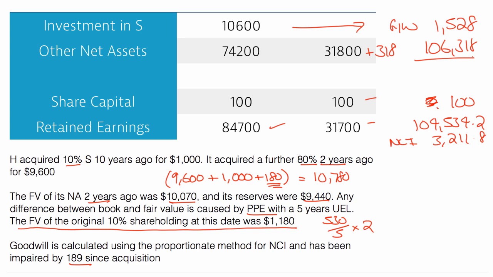Add on to that then 106,318 plus 1528 gives me 107,846, and then hold my breath, 100 plus 104,534.2 plus 3211.8 equals, yes, 107,846. Hey, we've done it.